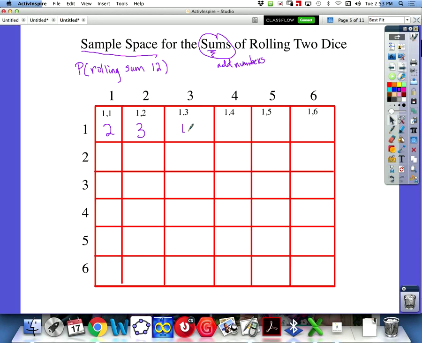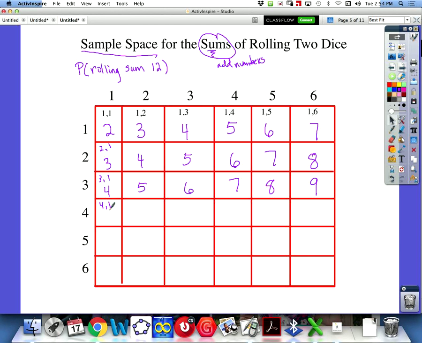A 1 and a 3 add up to 4, 5, 6, and 7. So as we keep going, now this is a 2 and a 1, so that's 3, 4, 5, 6, 7, 8. This is a 3 and a 1, so that's 4, 5, 6, 7, 8, 9.